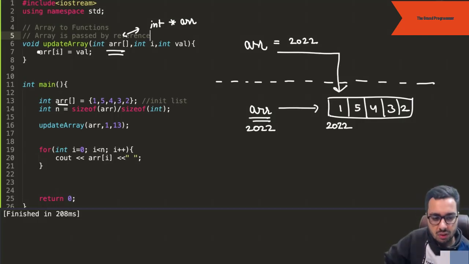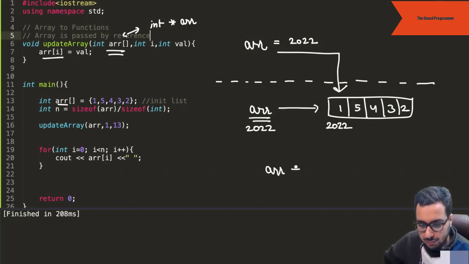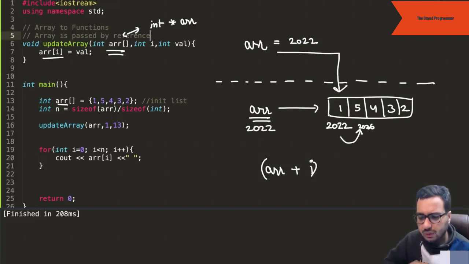So when you try to update array of i, how does the compiler break this down? The compiler says this is array plus i. That means it will take a jump of 1 if i is 1, so it will come to this address, which is 2026. Effectively if you take a jump of 1, it will go to the next box.